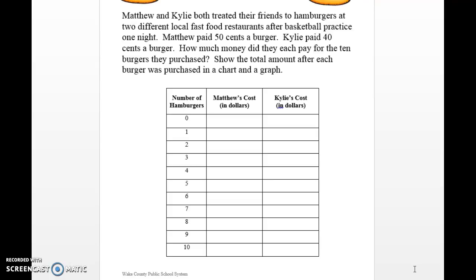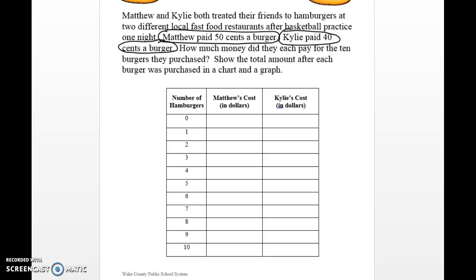So I'm going to start off by paying attention to what I've got going on in my problem. Then, where am I going to put that information? Where am I going to put the 50 cents and the 40 cents? Instead of going back up into that problem and keep looking at it, where's an easy place for me to put it?